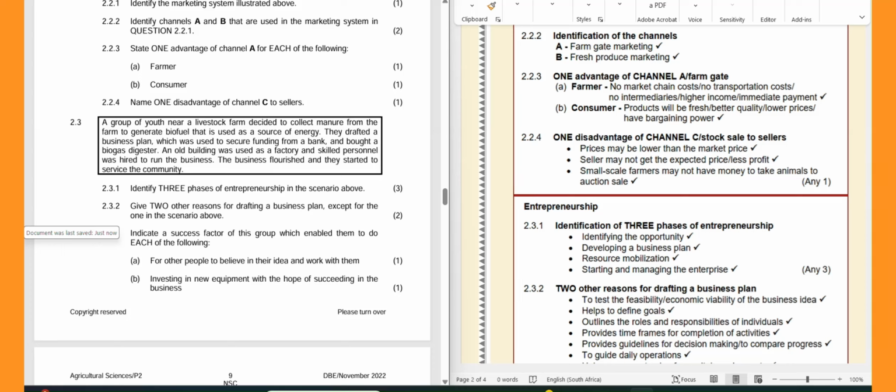It depends on how much they have, or how much they are willing to offer in order to buy that bull, or that livestock that is being displayed. Yeah, so you can choose any one of those. Price may be lower than the market price, or the seller may not get the expected price.